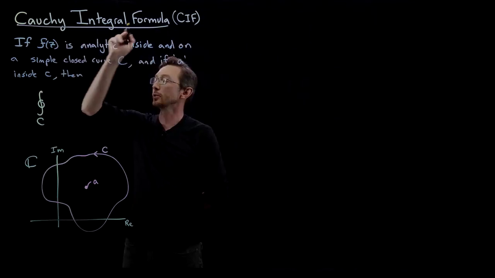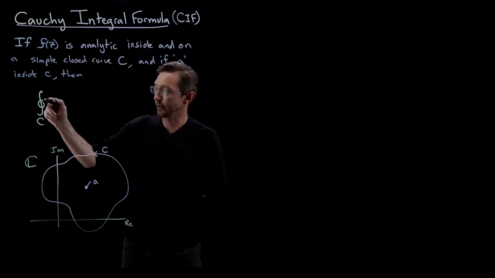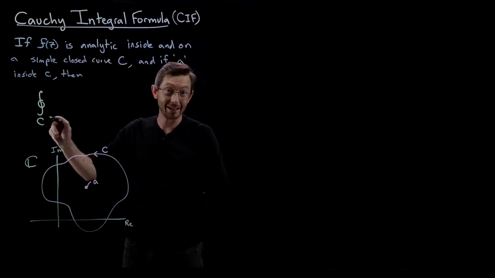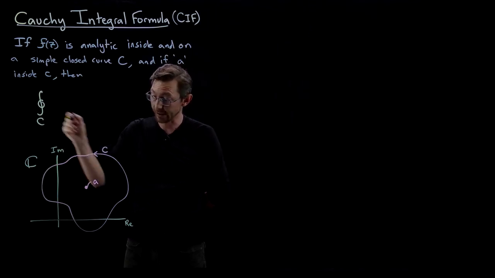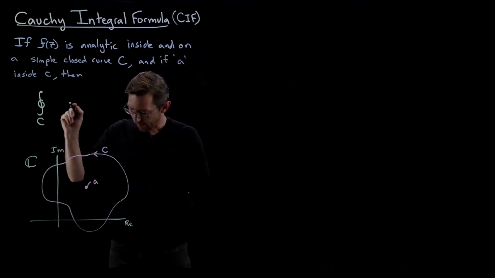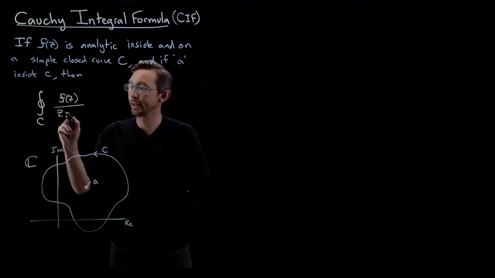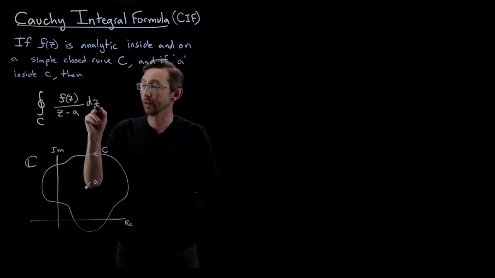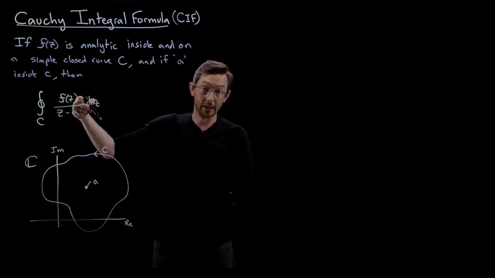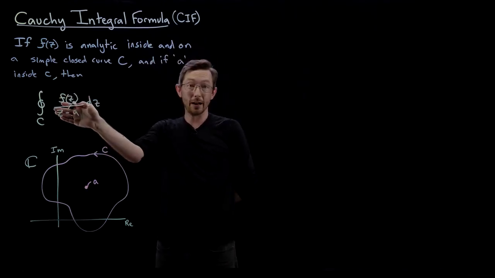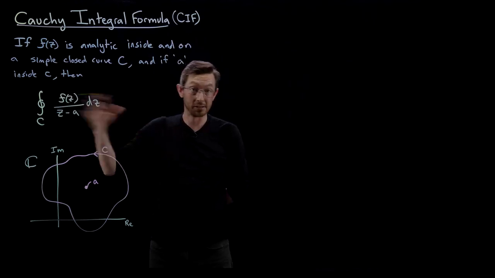So the Cauchy integral formula says that if I do a contour integral over an anti-clockwise contour C that contains this point A of f of z over z minus a dz. Remember, f of z is analytic. So if it was not divided by z minus a, then this integral would equal 0.